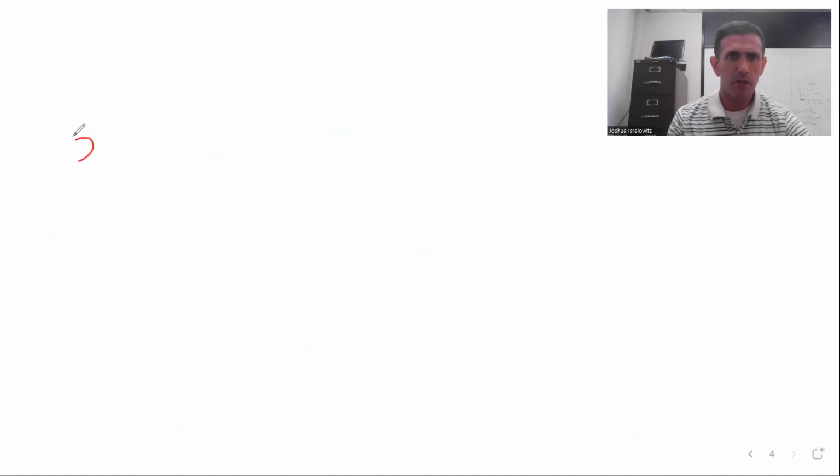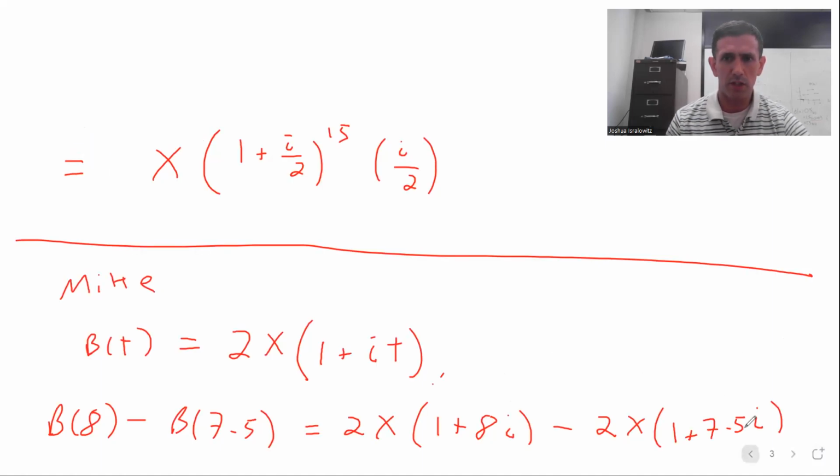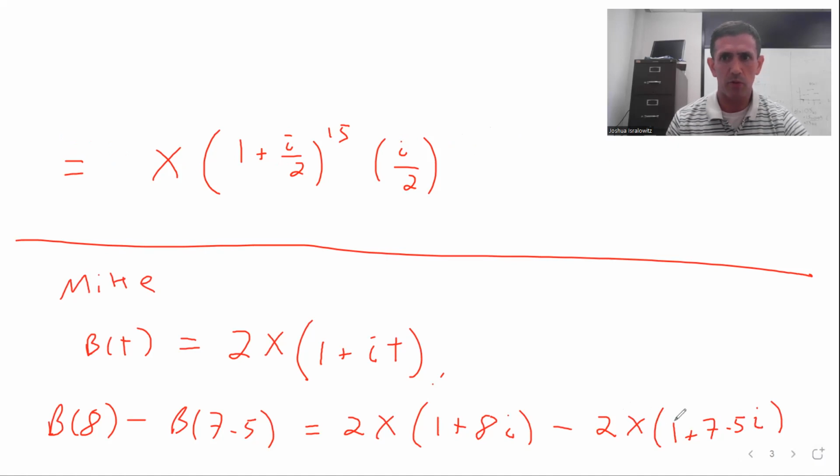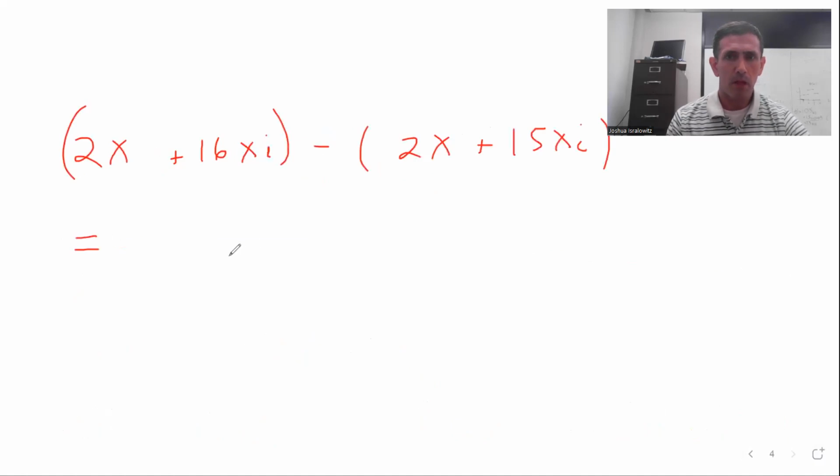It's going to be 2x plus 16xi minus 2x plus 15x. That's what happens if I distribute the 2x here. So the two x's cancel, 16 minus 15 is 1. So it's just xi.